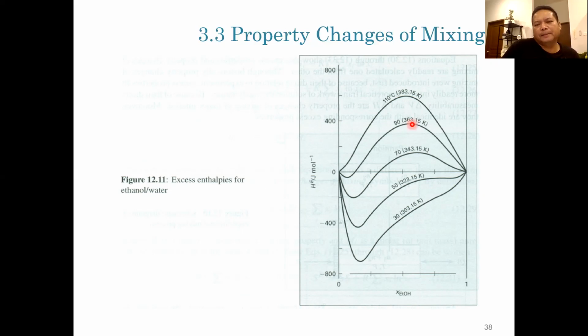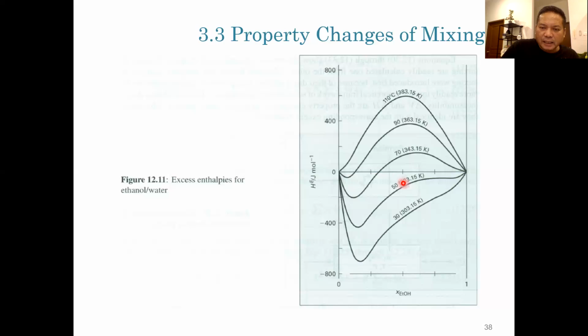What do you think? Most possibly, if you look at the temperature, at 30 degrees Celsius both ethanol and water are in liquid form, and at 50 still liquid. But at 70, we know that the boiling temperature of ethanol is 78, if I'm not mistaken.